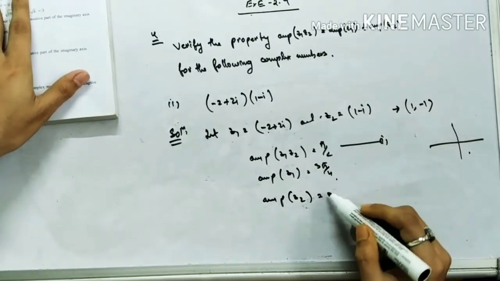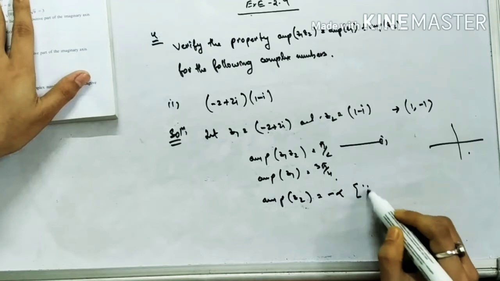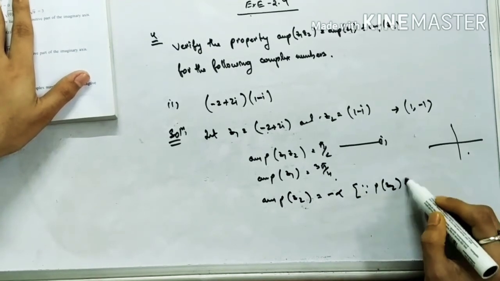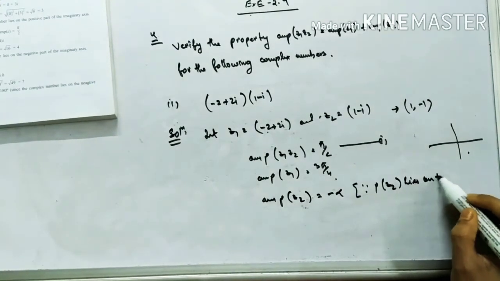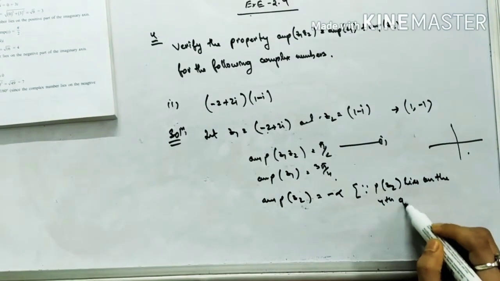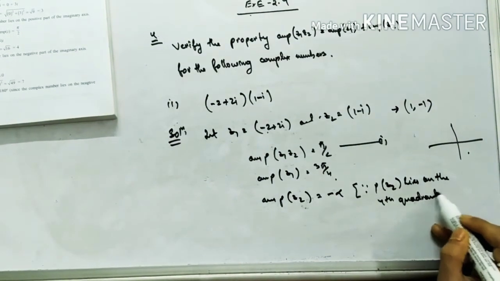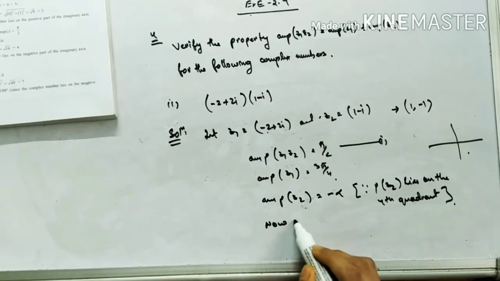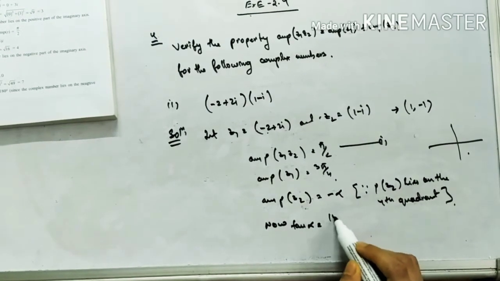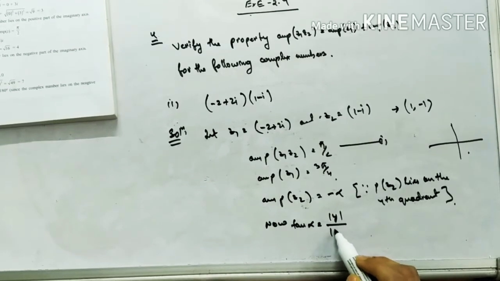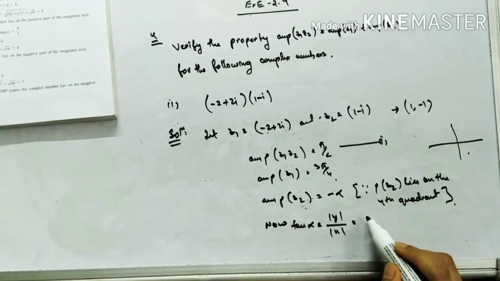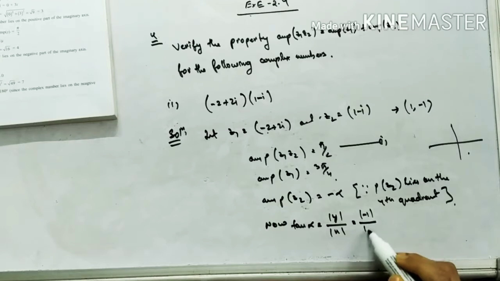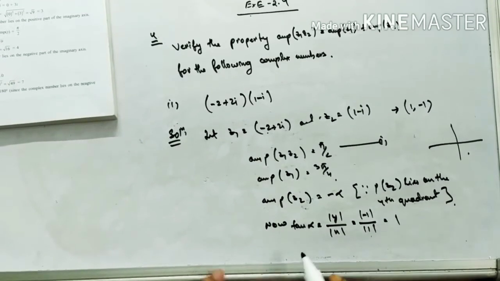So therefore amplitude will be minus alpha, since Z2 lies on the fourth quadrant. Now tan alpha is modulus y by modulus x, which is equal to 1 by 1, which is ultimately 1 only.